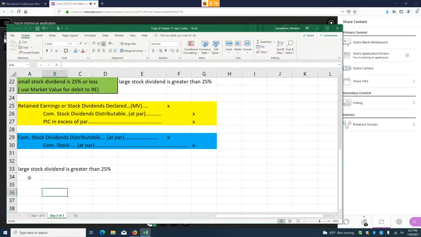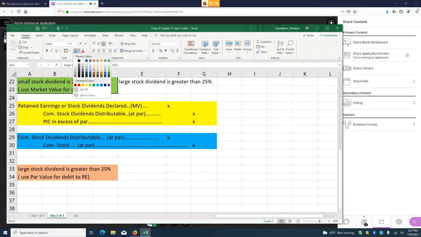So in a large stock dividend, we use par value for the debit to retained earnings. So already, huge difference in mechanics. So in a large stock dividend, you use par value, you do not use market value.